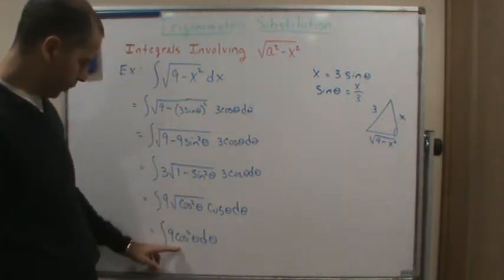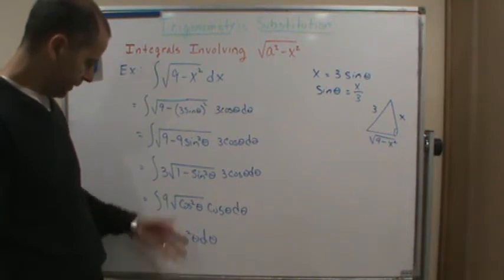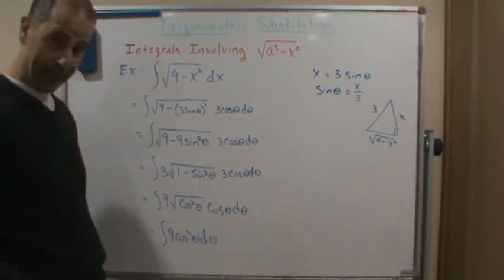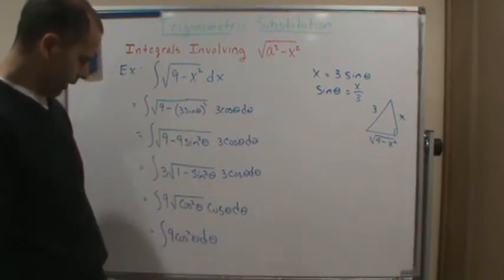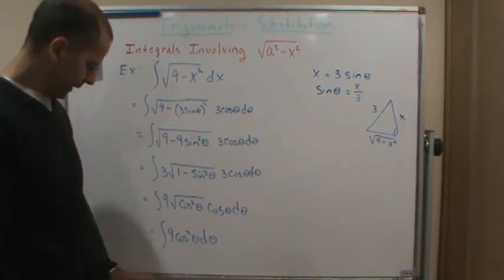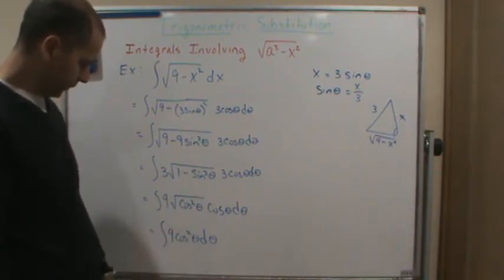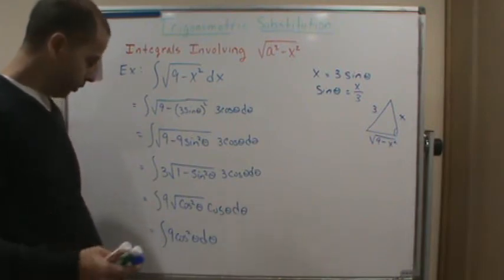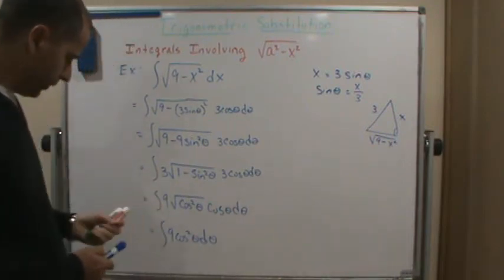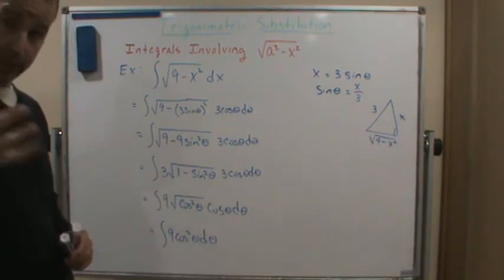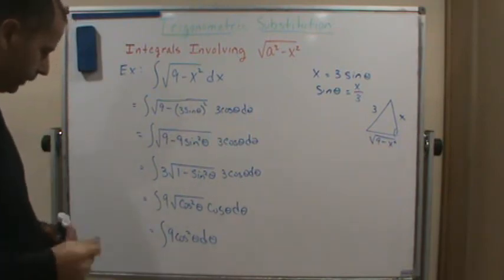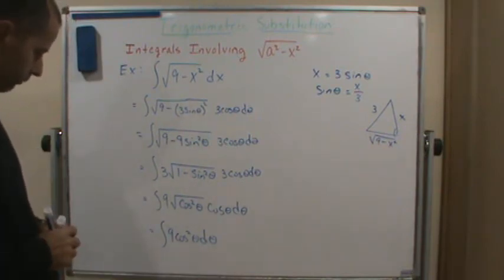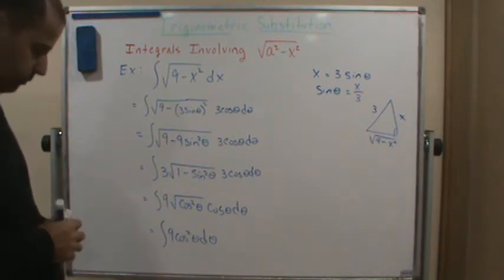I can't write that as 1 minus sine squared theta because I still end up with something where I can't do a substitution. So I can't use the Pythagorean identity. I can't do this directly. So I'm going to have to use a different identity. Remember the other identity that's derived from the reduction formulas.